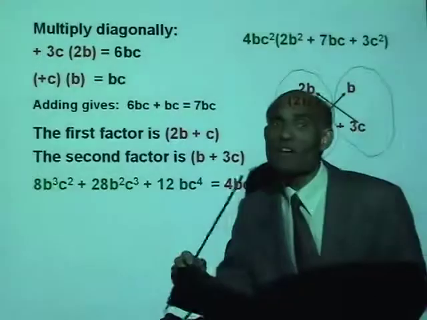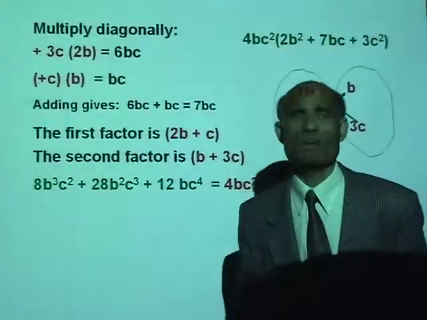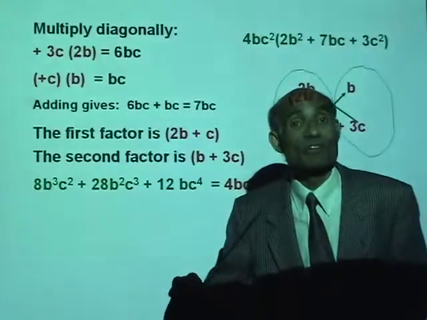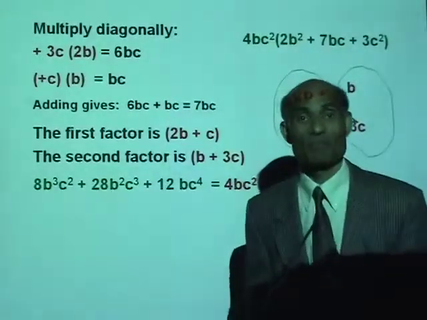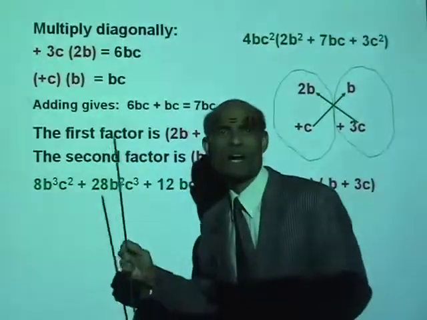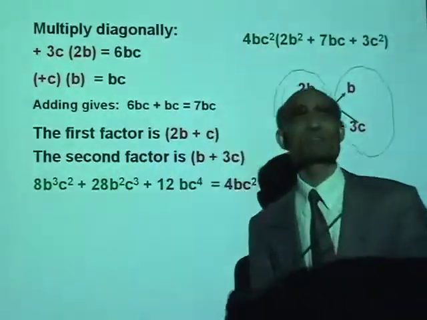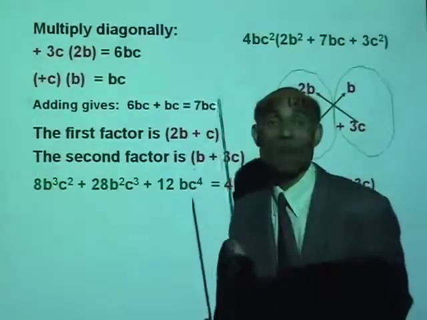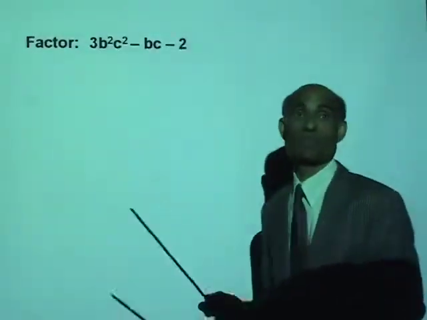Now, this has been a fairly involved one. If you understood this, if you can do this, you are doing very well. Okay, if you have a little problem, go back and watch this one more time and learn how to do factoring like this. Alright, we're going to do just one more to finish this lesson.